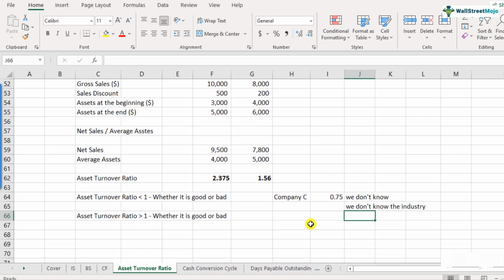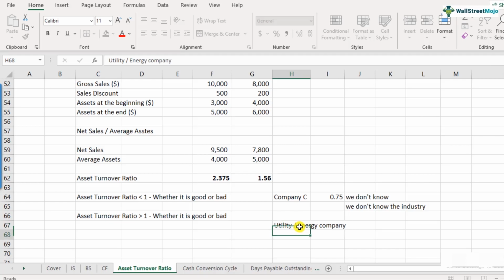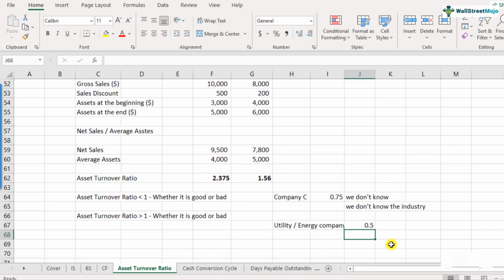Just to give you a perspective, let's say company C is a utility company, or an energy company. The asset turnover ratio for energy or utility companies is around 0.50. This is less than 1, and in most cases all the companies will be around this number.